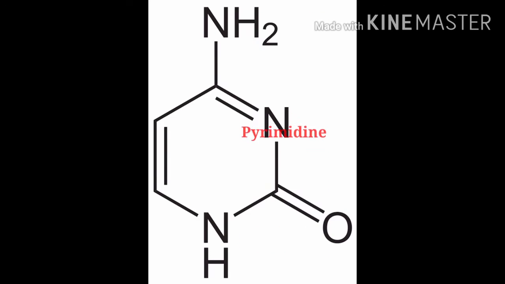This is the chemical structure of pyrimidine group, and it is a single ring molecule. It has 2 nitrogen atoms at the position of 1 and 3.